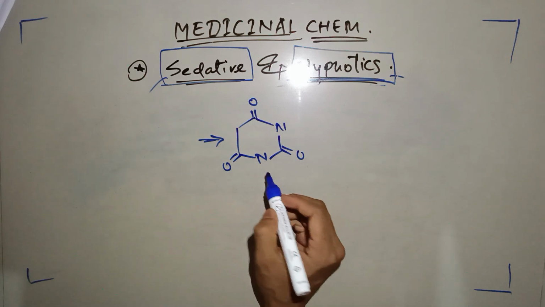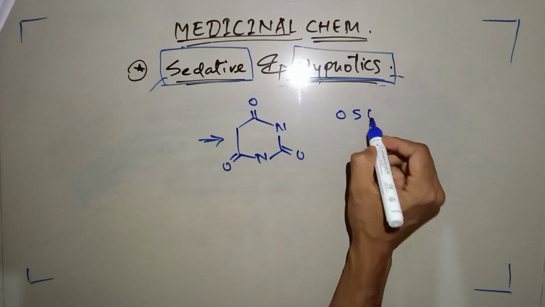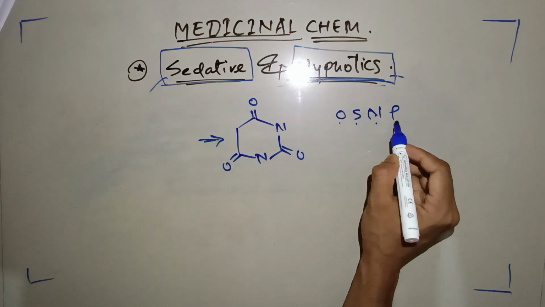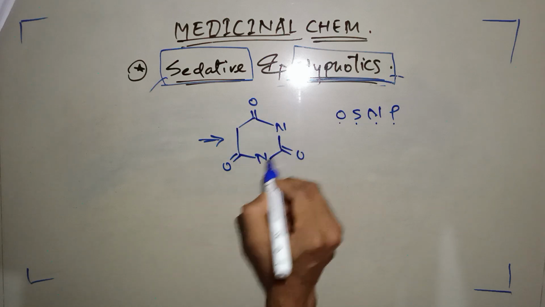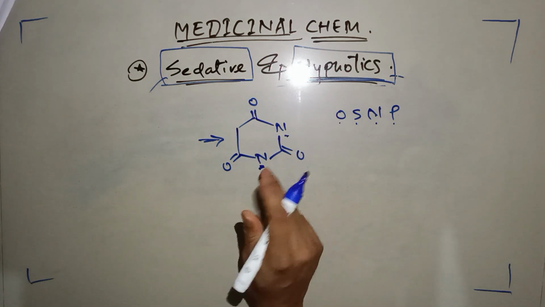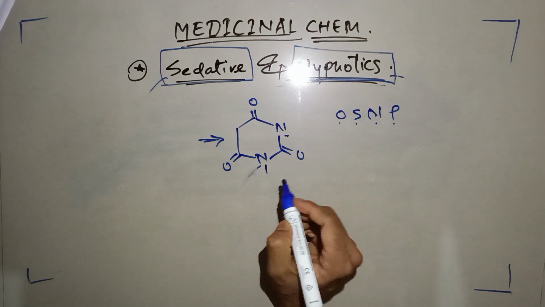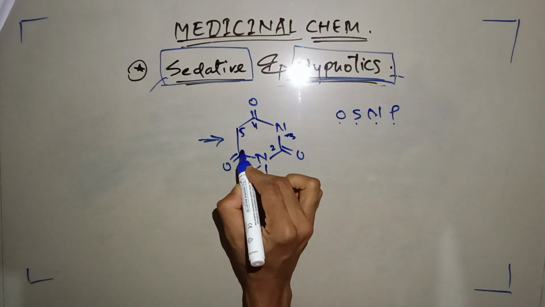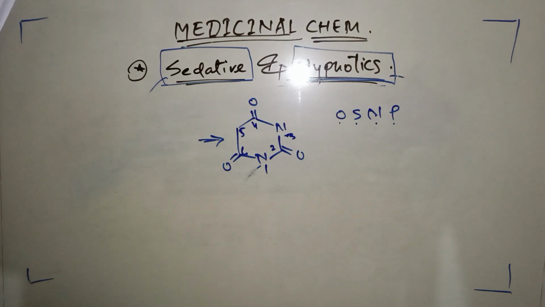Okay, now remember that this is hexahydropyrimidine. In this, numbering will start by the OSNP rule. According to OSNP, first we start numbering from oxygen, then sulfur, then nitrogen, then phosphorus. Here, which one is present in the cyclic structure? Nitrogen and carbon. So we start numbering from nitrogen. So this is 1, 2, 3, 4, 5, 6.